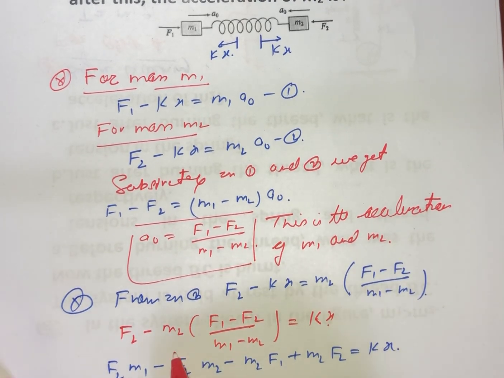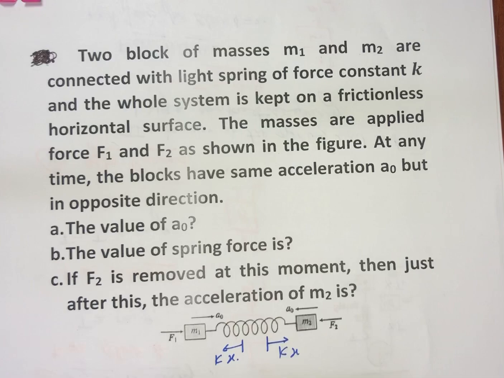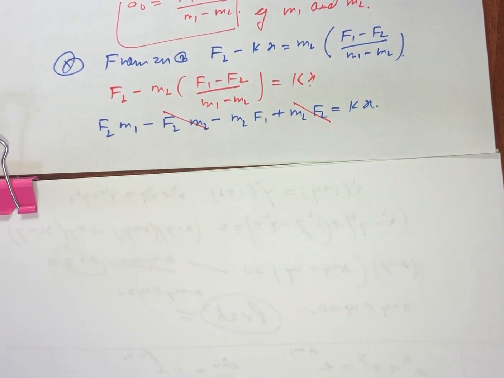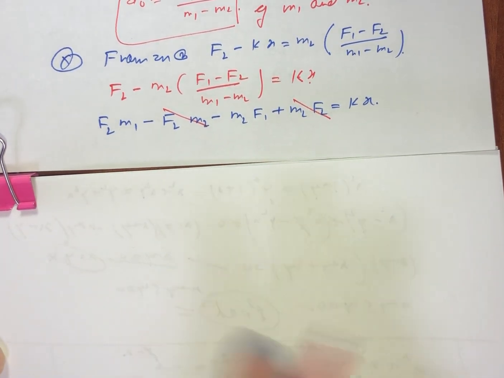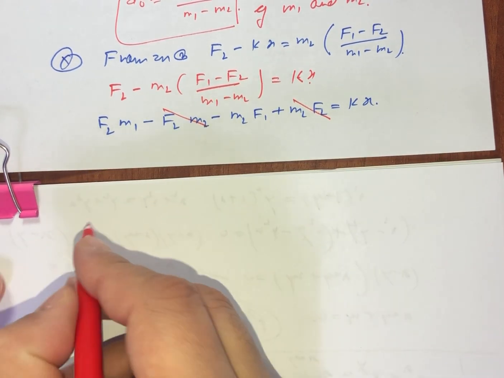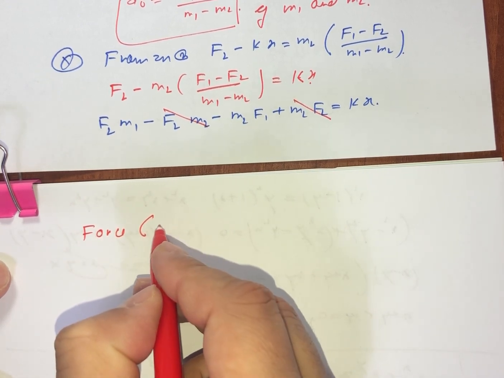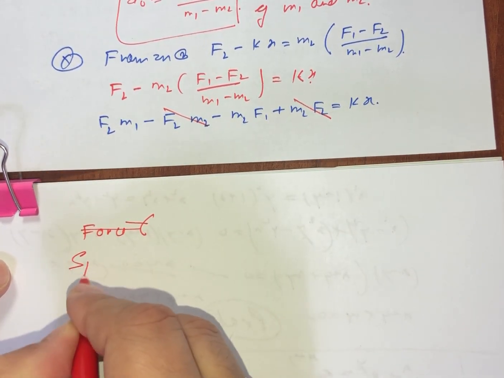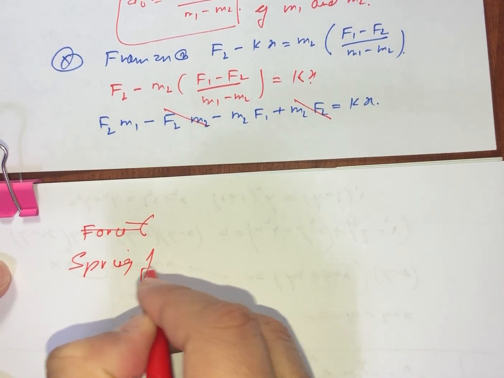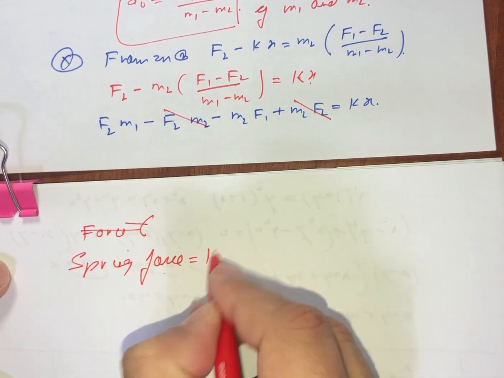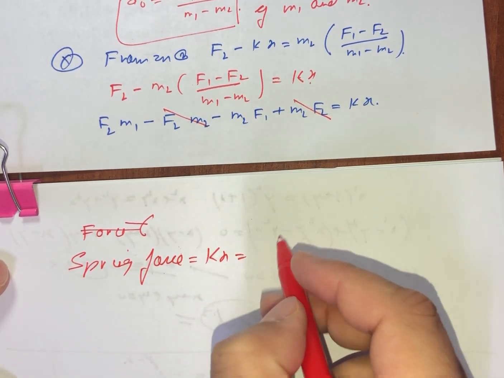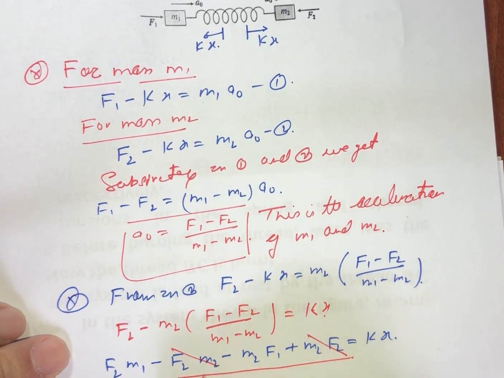And here these two terms cancel out, so you can write this as F2 m1. So you can say the spring force will be equal to kx, and that will be equal to (F2 m1 minus m2 F1) divided by (m1 minus m2).